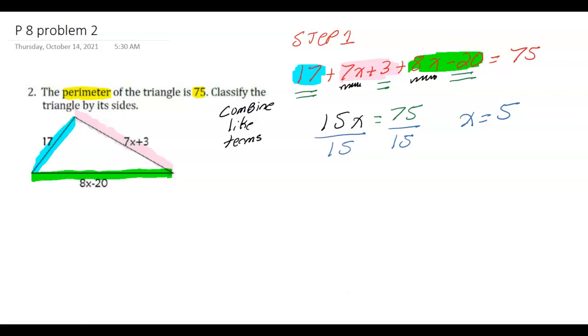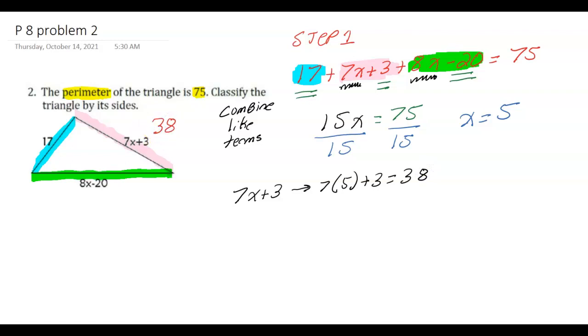We want to classify the triangle by its sides. So that means the pink side. If I look at the pink side, 7x plus 3, and if I plug in the 5, so 7 times 5 plus 3, I'm going to get 38. So I'm going to put that in my picture that the pink side is 38.